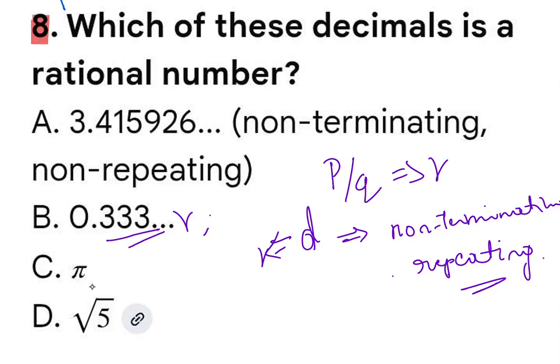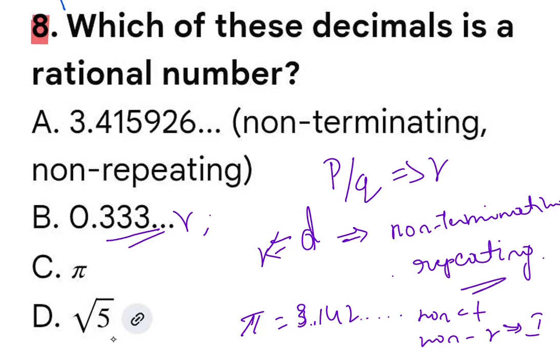When you take the value of pi, you'll get 3.142 etc. This is also non-terminating as well as non-repeating. So it is not a rational number, it is an irrational number.